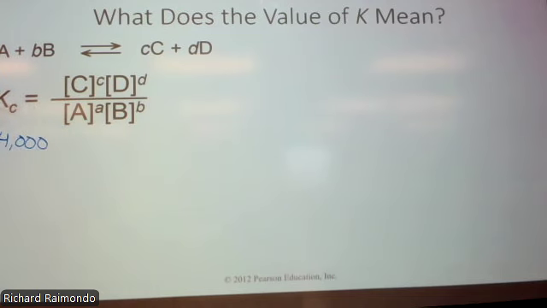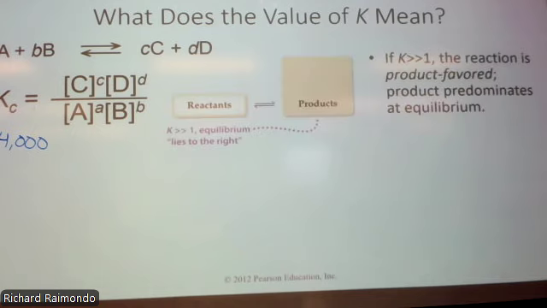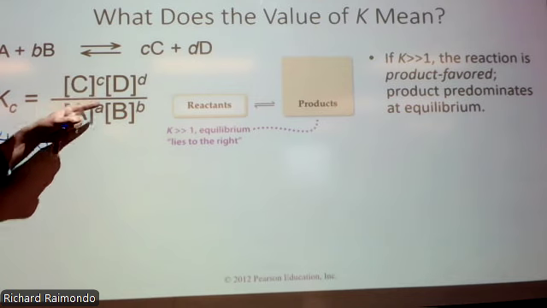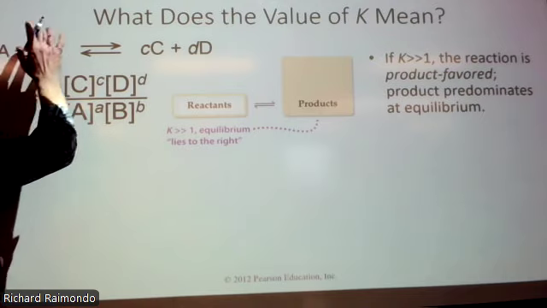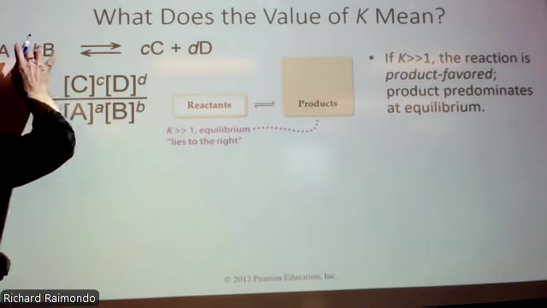And that just gives you a really big number. So what does that mean in terms of a reaction? AP doesn't like it when you say the numerator's big or the denominator's small. We're not talking about numerators and denominators. We're talking about concentrations of reactants and products.